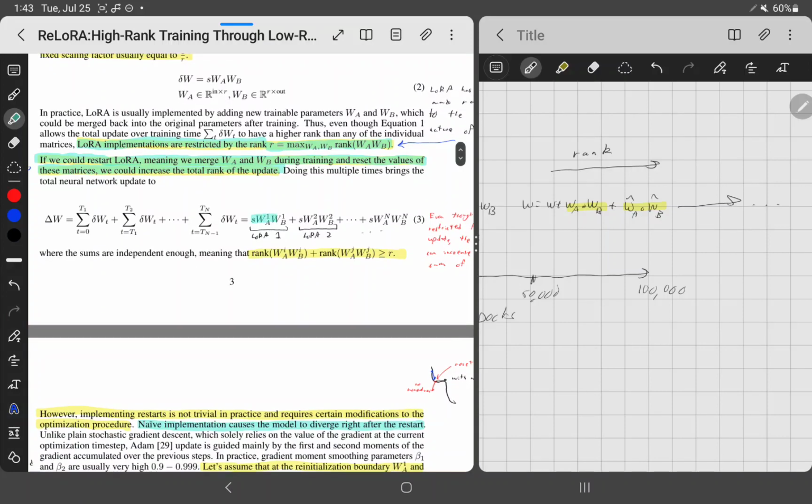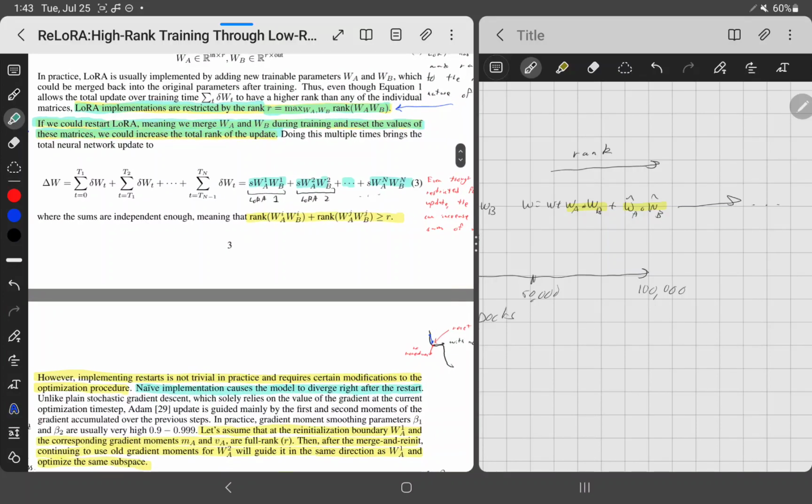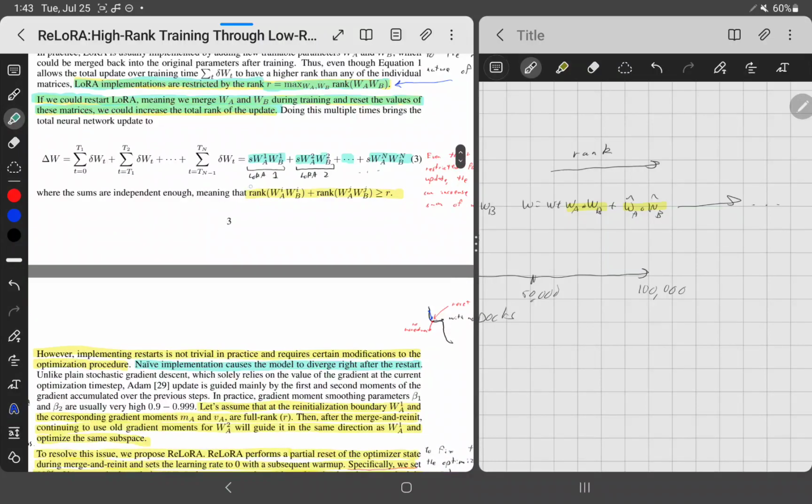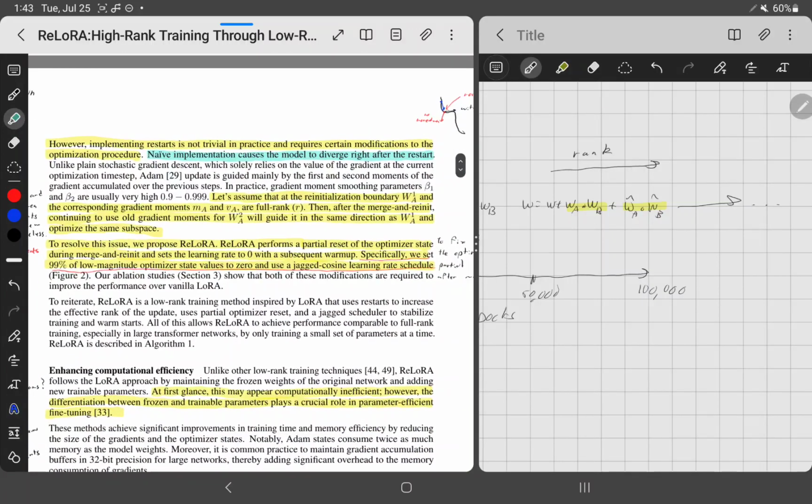So you have your LoRA 1 and then LoRA 2, and you keep adding more LoRA matrices, leveraging this property, where the sums are independent enough, meaning the rank of the added LoRA matrices is going to be higher than the previous rank. But then they mention, however, that implementing restarts is not trivial. In practice, it requires certain modifications to the optimization procedure.